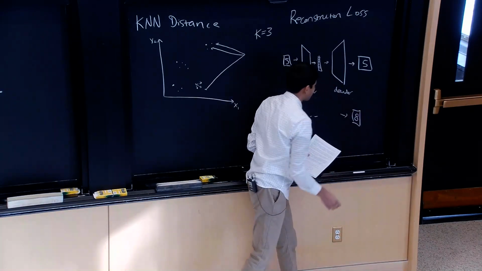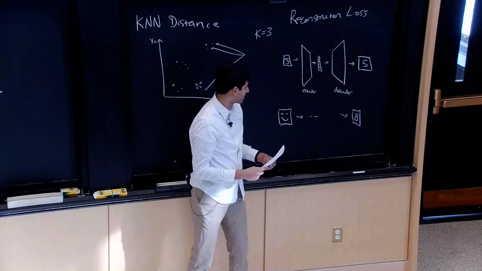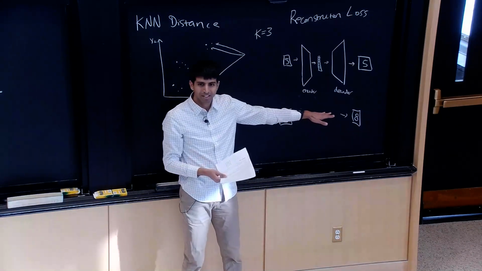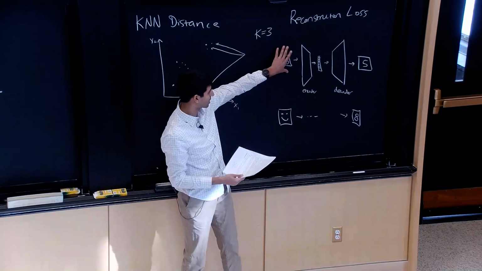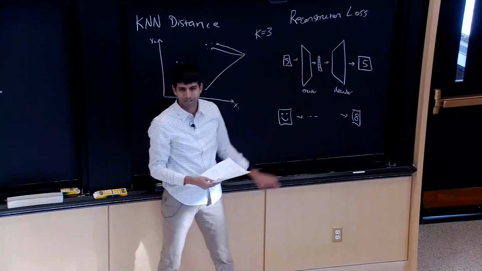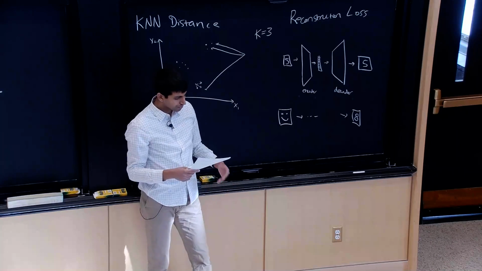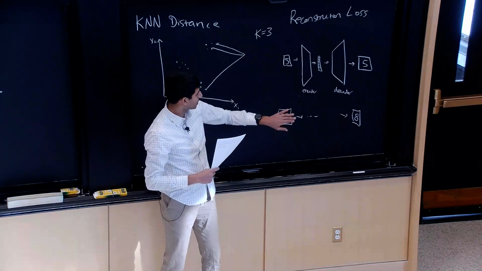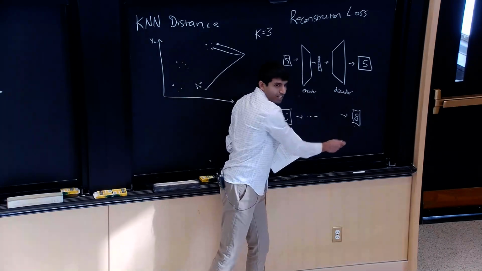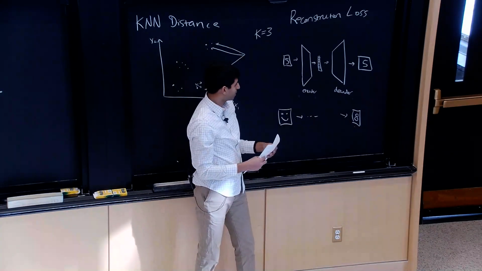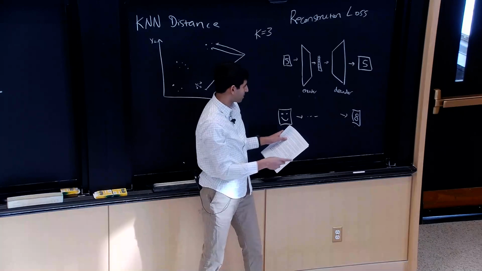You could actually try this, just train an autoencoder on MNIST and see what happens. I wouldn't be surprised if you get something that looks vaguely like a handwritten digit, because this was designed to compress encodings of handwritten digits into a low dimensional representation. And so the way you can leverage this to identify outliers is to use the reconstruction loss as a score. You come up with some appropriate distance metric.